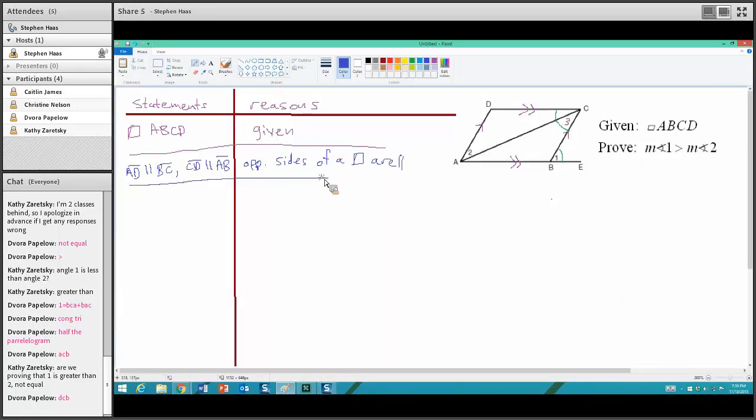Okay. Now we can get angle 2 and angle 3. So we'll say, let's call them angle 2 and angle 3. There's nothing wrong with doing that. As long as we name them, we can put them there. Angle 2 is equal to angle 3 because of alternate interiors.